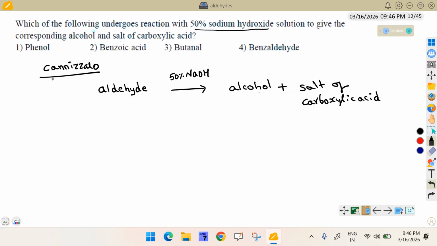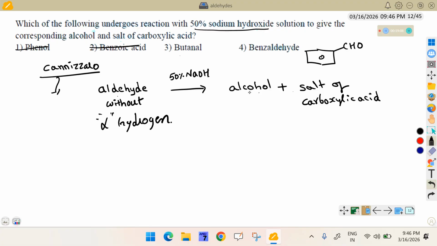Which compounds participate in the Cannizzaro reaction? Aldehydes without alpha hydrogens. Phenol is the wrong option. Benzoic acid is the wrong option. Butanol contains alpha hydrogen, but in benzaldehyde, C6H5CHO, alpha hydrogen atoms are absent. So it participates in the Cannizzaro reaction.